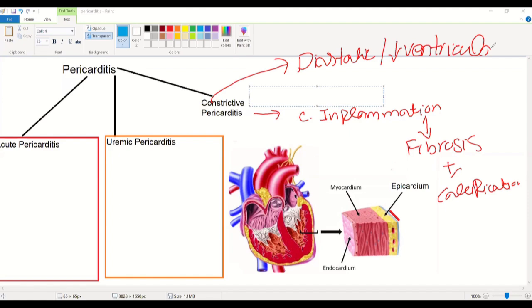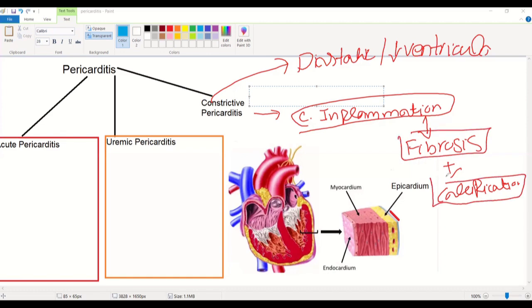The diseased pericardium, due to chronic inflammation, leads to fibrosis and calcification of the pericardium. So this fibrosis limits the expansion of the ventricle during diastole.